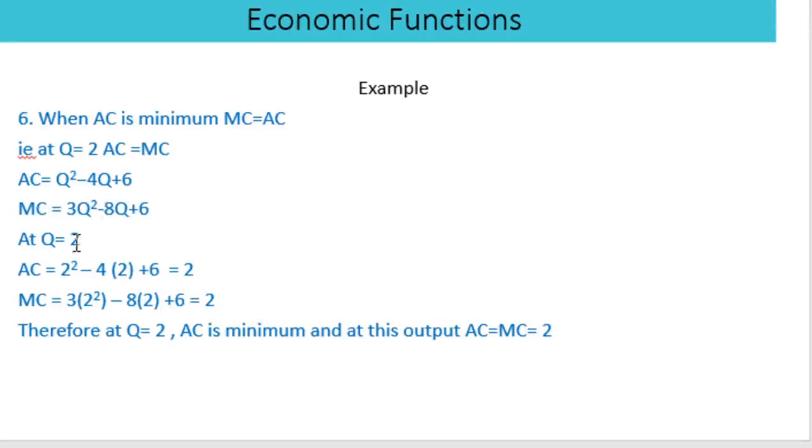At q equal to 2, this is the output when AC is minimum. When q equal to 2, substitute q equal to 2 into the AC function, that equals 2. Substitute q equal to 2 into the MC function, that also equals 2. Therefore, at q equal to 2, AC is minimum. At this output, AC and MC will be equal.